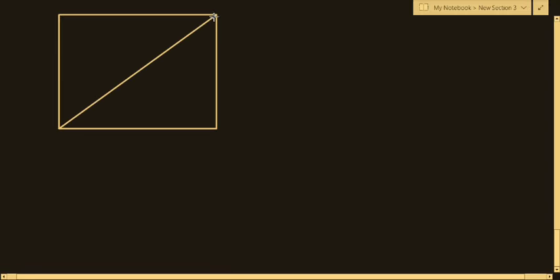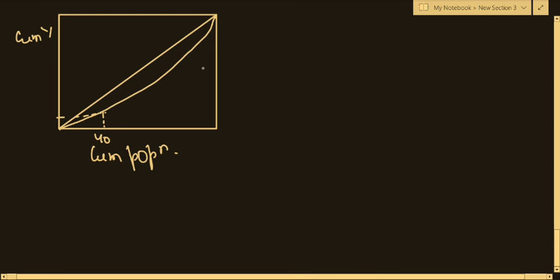So this is our line of equality. This is cumulative income. This is cumulative population. Okay, so let us first draw the initial Lorenz curve. This is the initial Lorenz curve. Let us say this is our 40th percentile, and we have some income level here, and this is our 80th percentile and some cumulative share here.